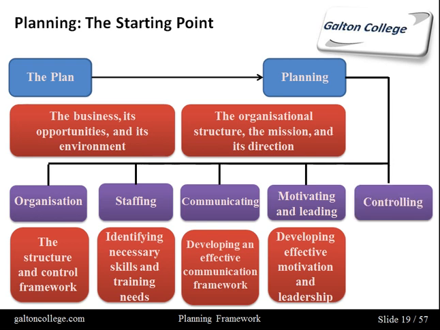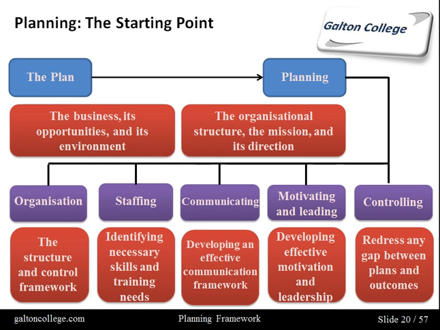There should be some way of controlling the business. That means looking at, in terms of the plan, any gaps that arise between the actual and the planned. The planned output was a certain amount, the actual output was less, there was a gap. How is it addressed?